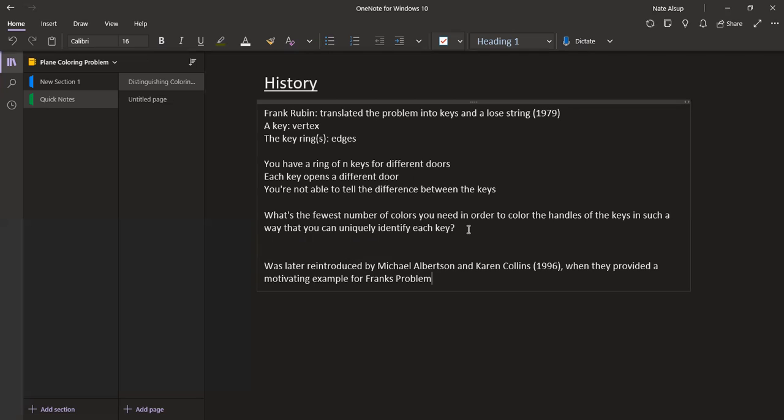I'll talk about what examples exactly when we get to the examples part, which we're going to right now. So that's just the basic history of this problem.